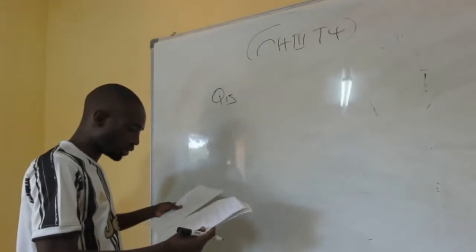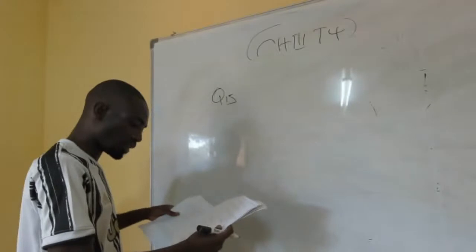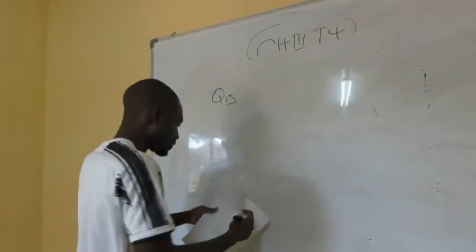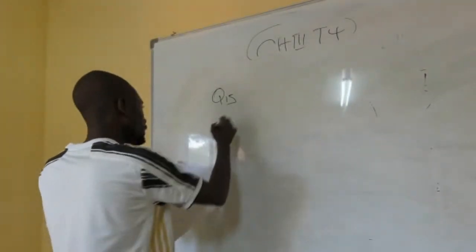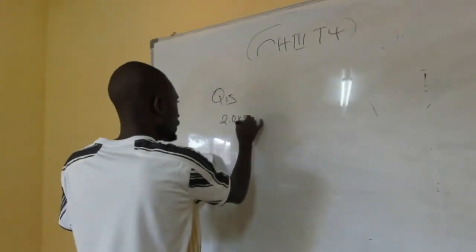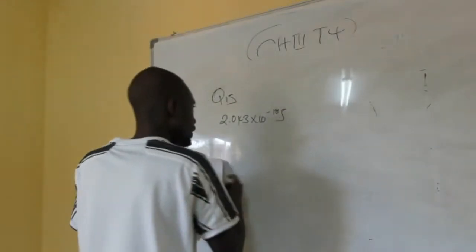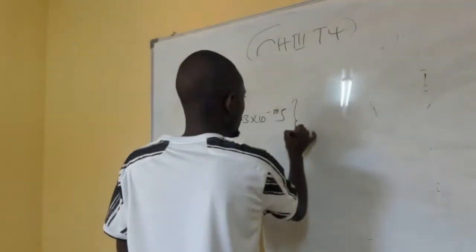You have been given a value, 2.093 times 10 to the power negative 18 J. You keep this value.